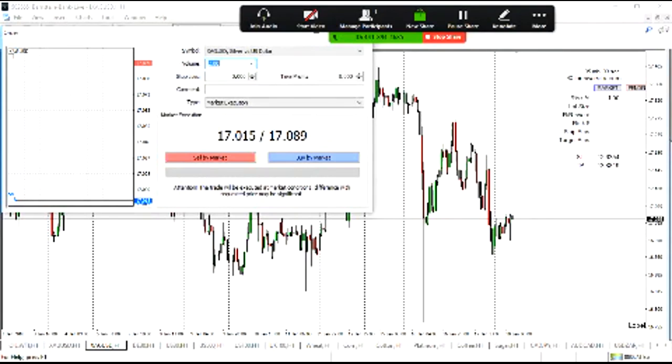My bias is to short the euro dollar based on those levels, and I'm looking for an entry at 1.2150, as you can see on the euro dollar chart, with a stop loss at 1.2220.